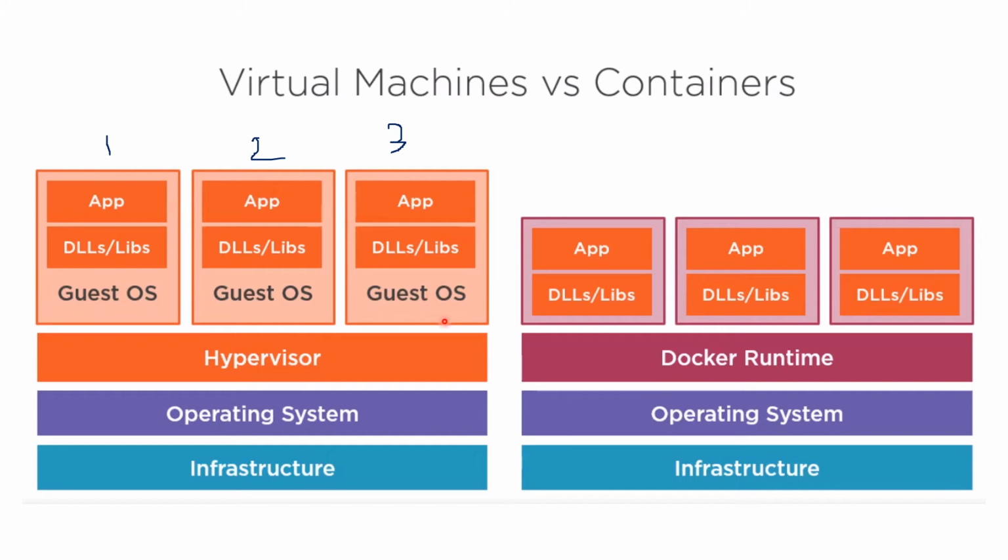They all have their own guest OSs, and definitely they will have their own libraries and binaries to run their own applications. And this way the virtual machine works: we specify the resources and the operating system.